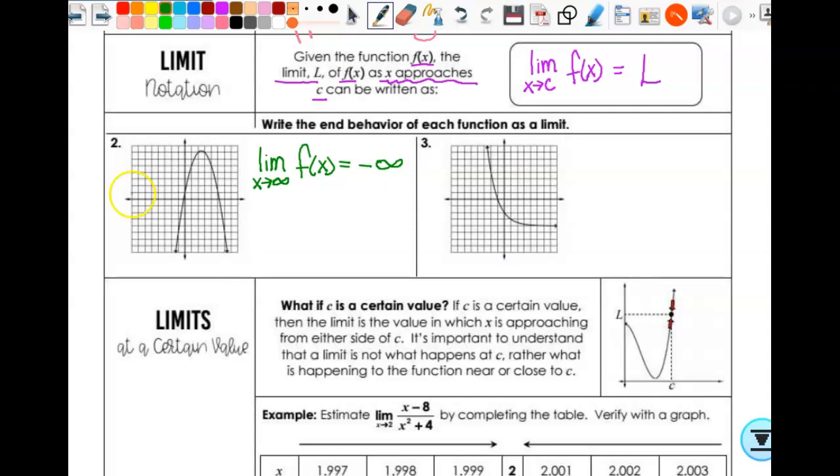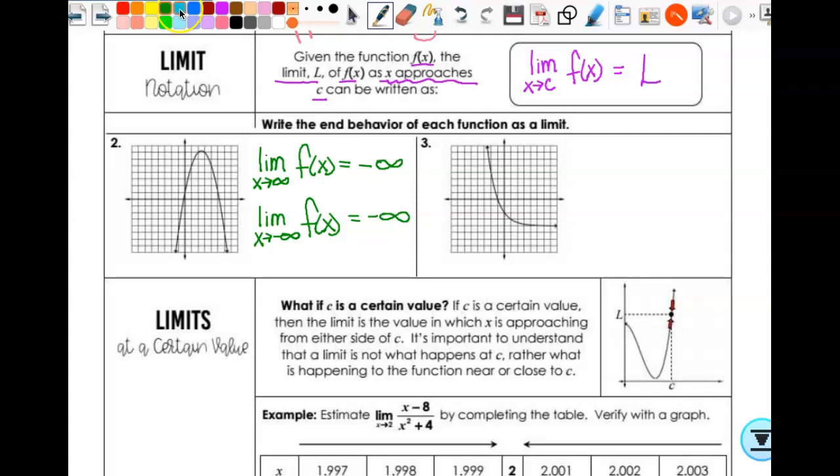And then going the other way, the limit as x approaches negative infinity of whatever the function is equals also negative infinity for this one. So we're saying the same thing, the format's just a little bit different. Okay? Makes sense? You understand how to read it and what it's saying?